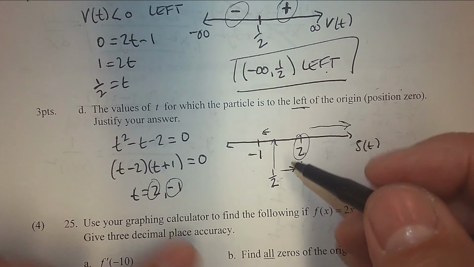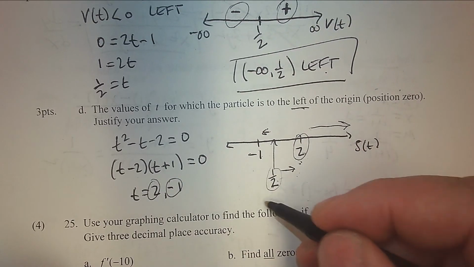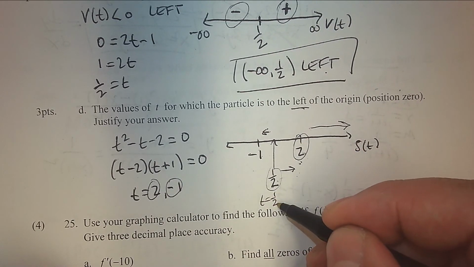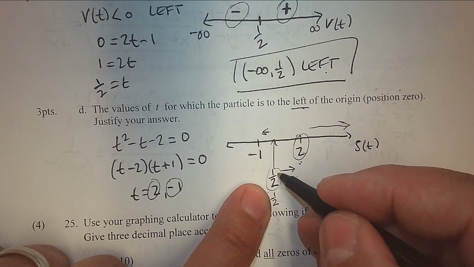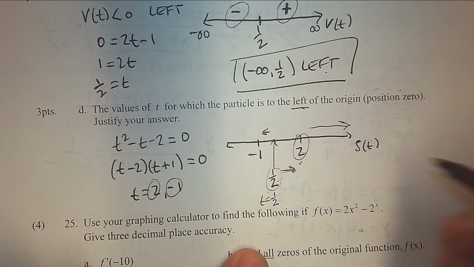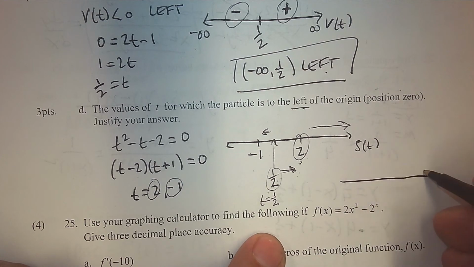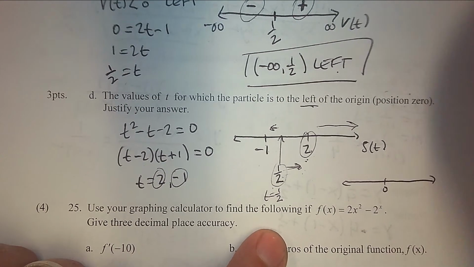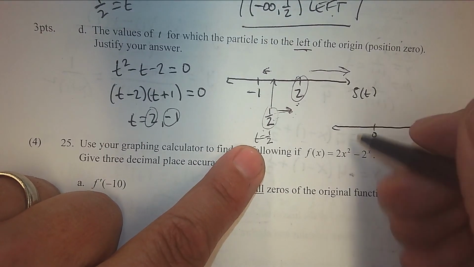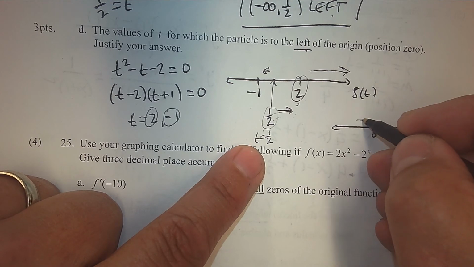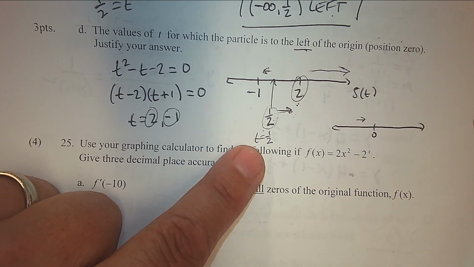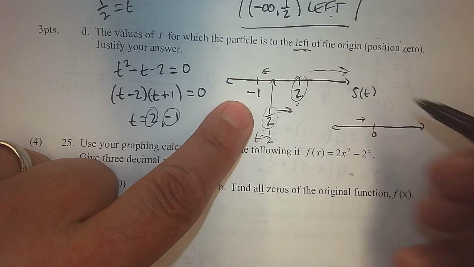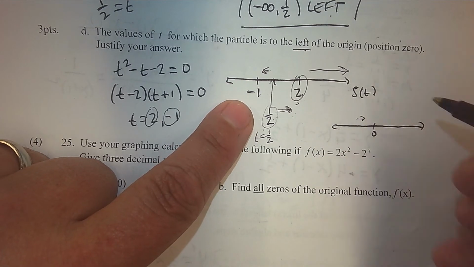So at t equals 1/2, it must be to the left as it's moving to the right to get to 0. So think of the number line. Here's the number line, here's 0. If the particle is moving to the right, it must be to the left of 0. And from negative 1, it's going to return there.